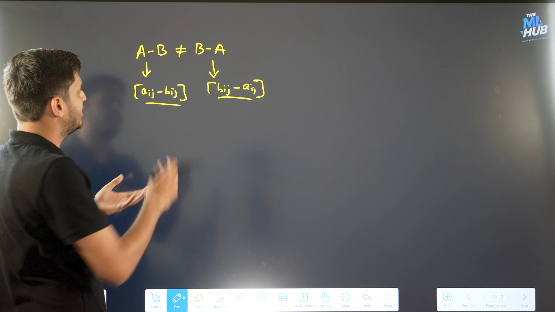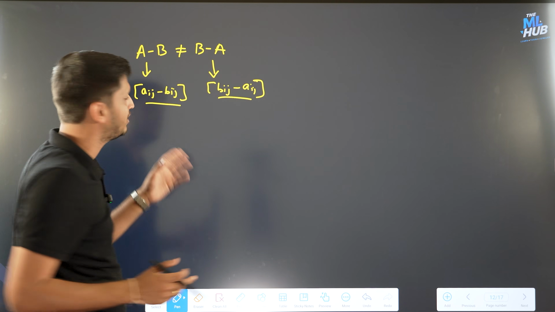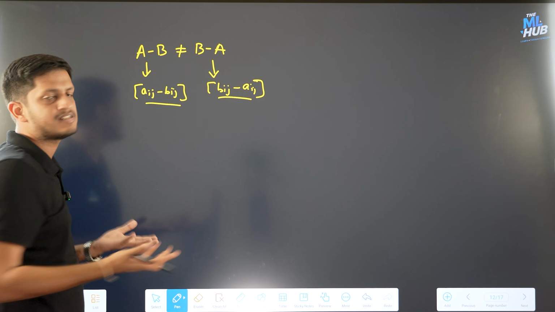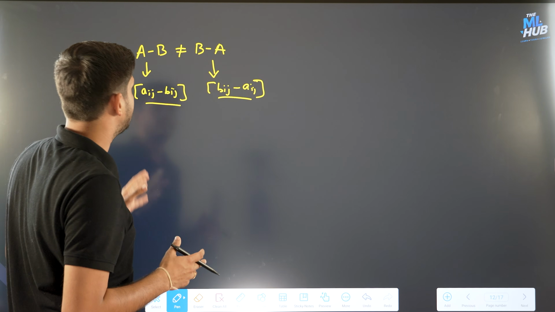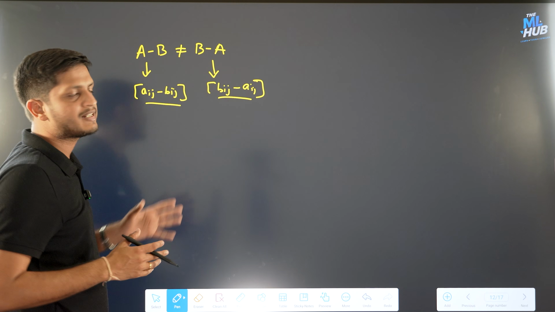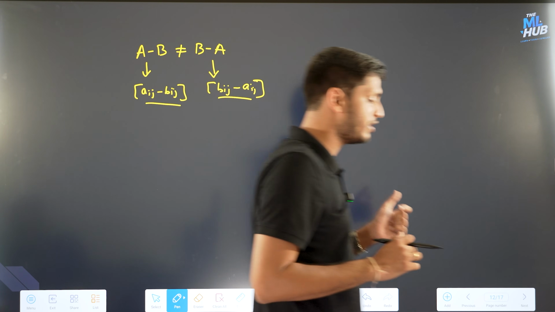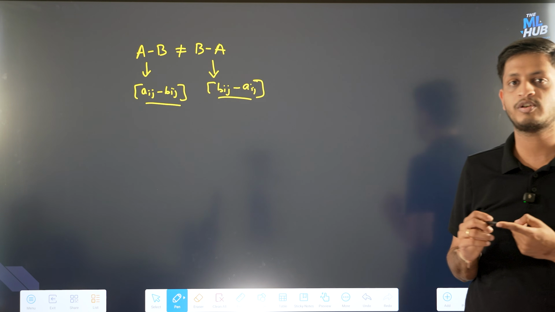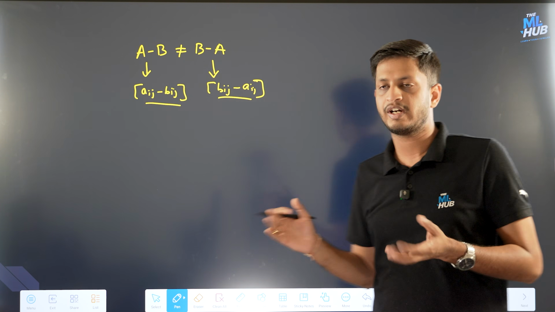They will be equal only if the subtraction is 0. So yes, if you are subtracting two matrices, it is not commutative. It is very important to note. Whenever you are subtracting, you have to see which matrix is coming first, and hence the result can be different.